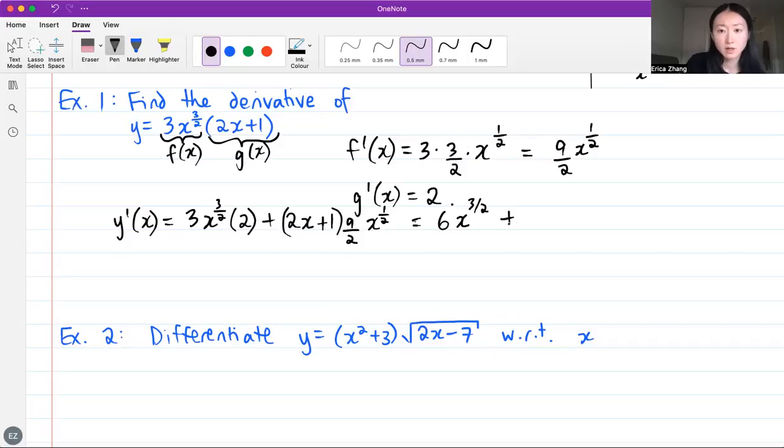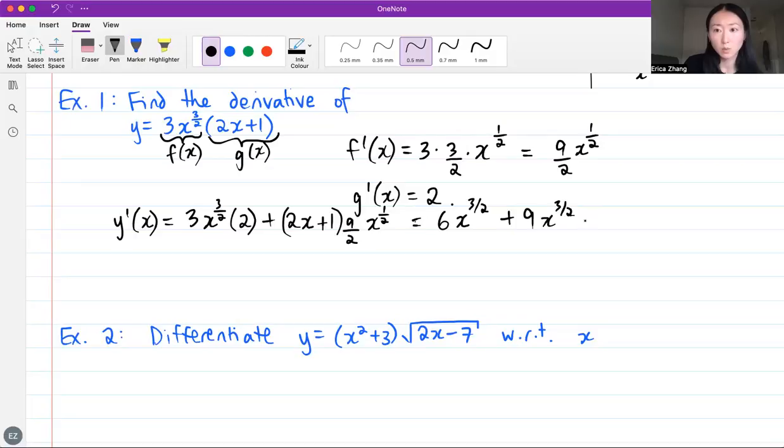3/2. And now let's expand the bracket around the 2x plus 1. So we get 9/2 times 2 is just 9. And then x to the power of 1 times x to the power of 1/2. We can just add the indices. So 1 plus 1/2 is 3/2.